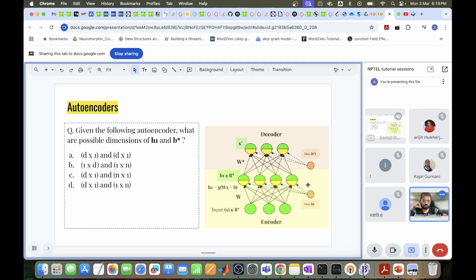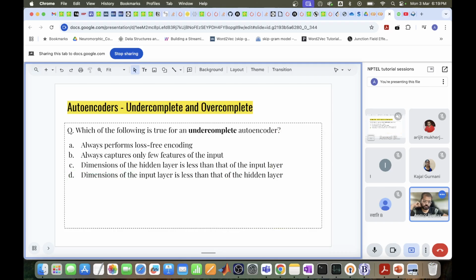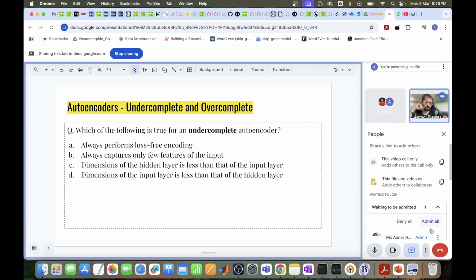So b star should in fact be n by 1, because we are dealing with column vectors over here. So d by 1 and n by 1. Very straightforward, simple problem.